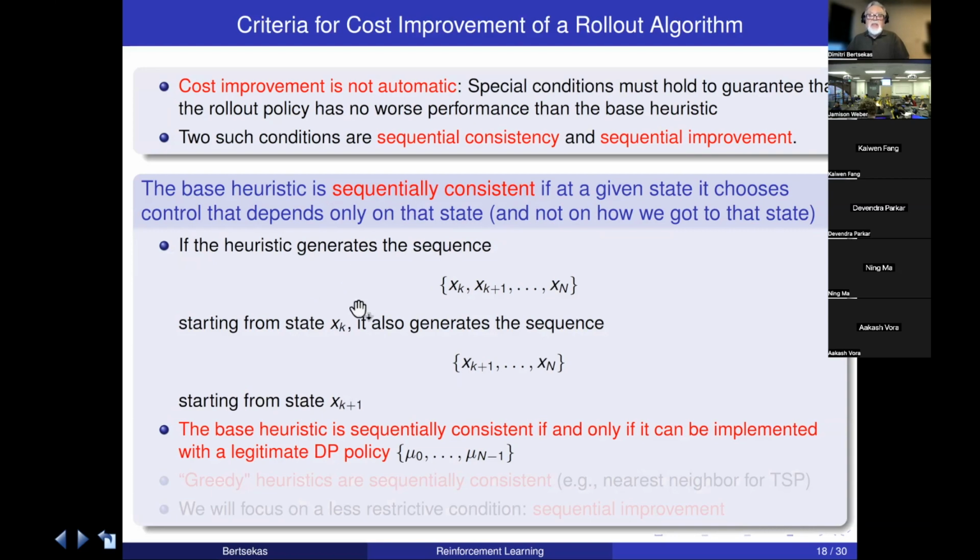Another way to say this is that if the heuristic generates a sequence starting from xk, then once it moves to xk+1, it generates the tail of that sequence. Another way to phrase it is that the heuristic can be implemented as a legitimate dynamic programming policy, applying a control that depends only on the state that you're in. That generates the policy.